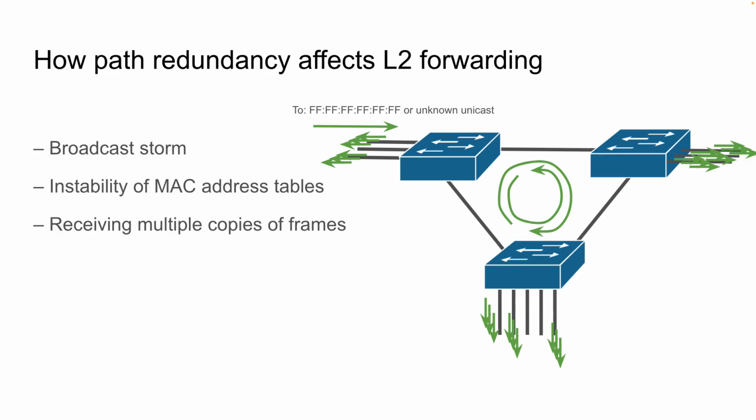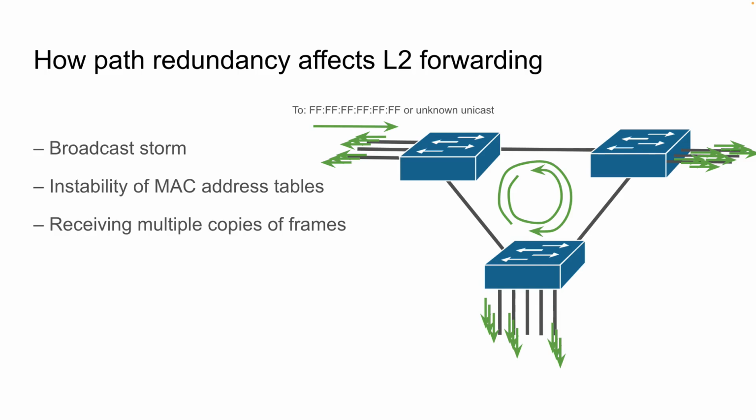And these broadcast frames are looping in both directions, clockwise and counterclockwise. Each switch sees the source MAC address alternatively behind its ports that connect to this loop. So this is instability of MAC address tables, or MAC address table flapping.